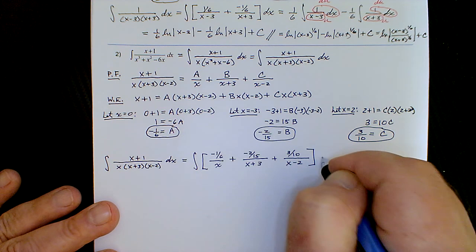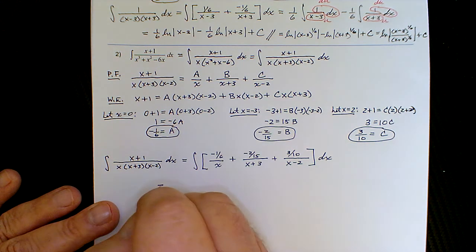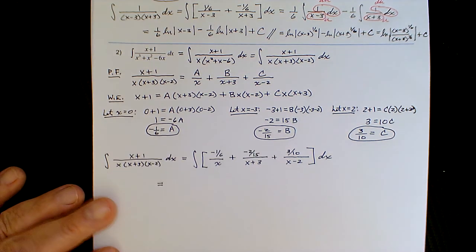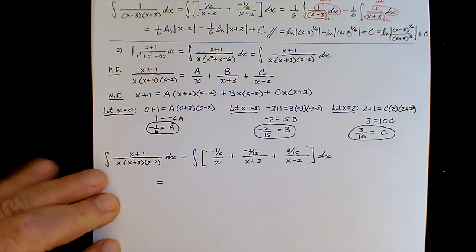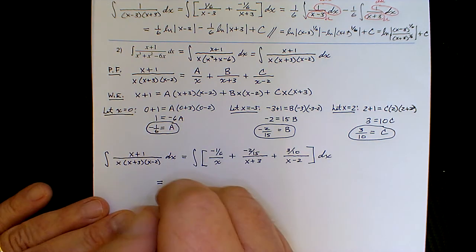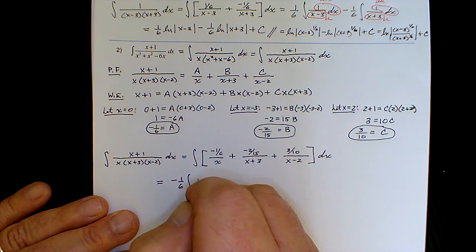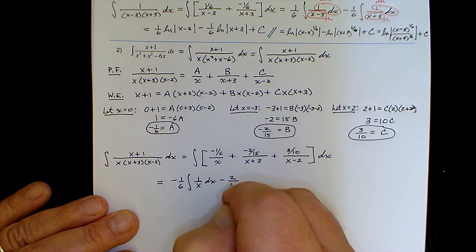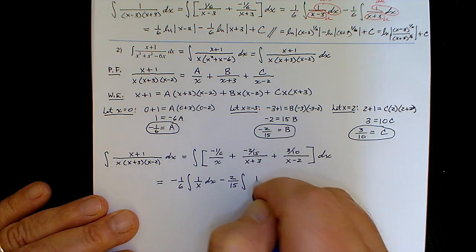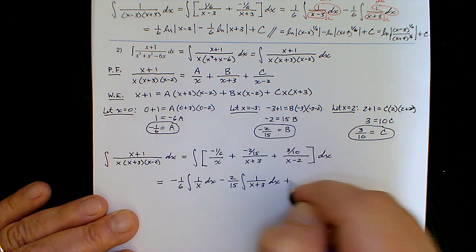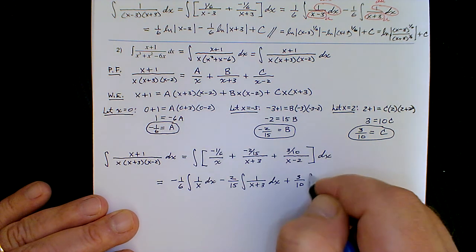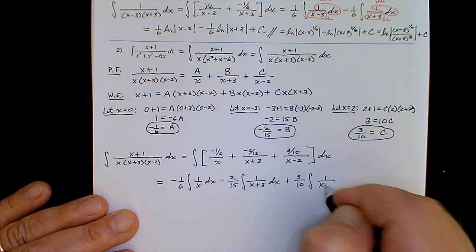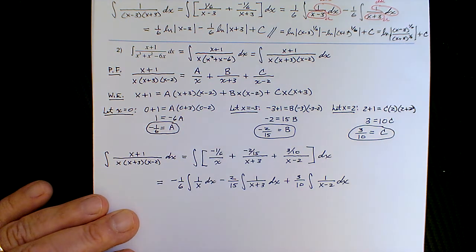And that is all with respect to x. And probably most advantageous to separate that into 3 integrals in this case. Factor out the constant multiples as well. So negative 1/6 integral 1 over x with respect to x, minus 2/15 integral 1 over x plus 3 with respect to x, and plus 3/10 integral 1 over x minus 2 with respect to x.